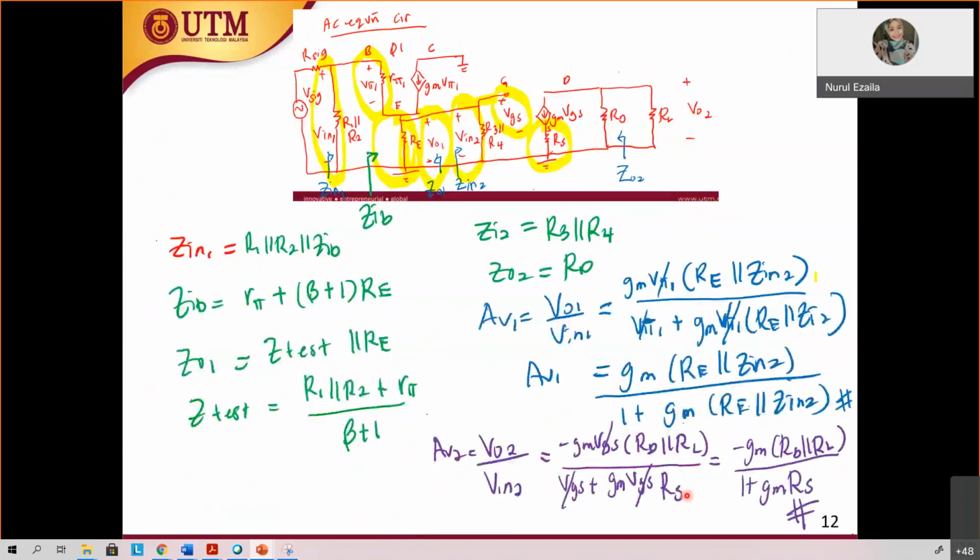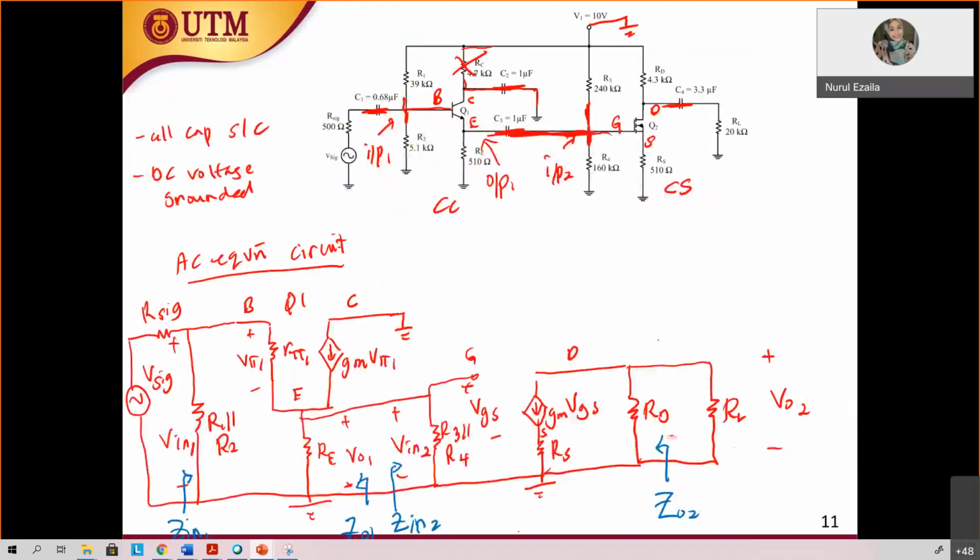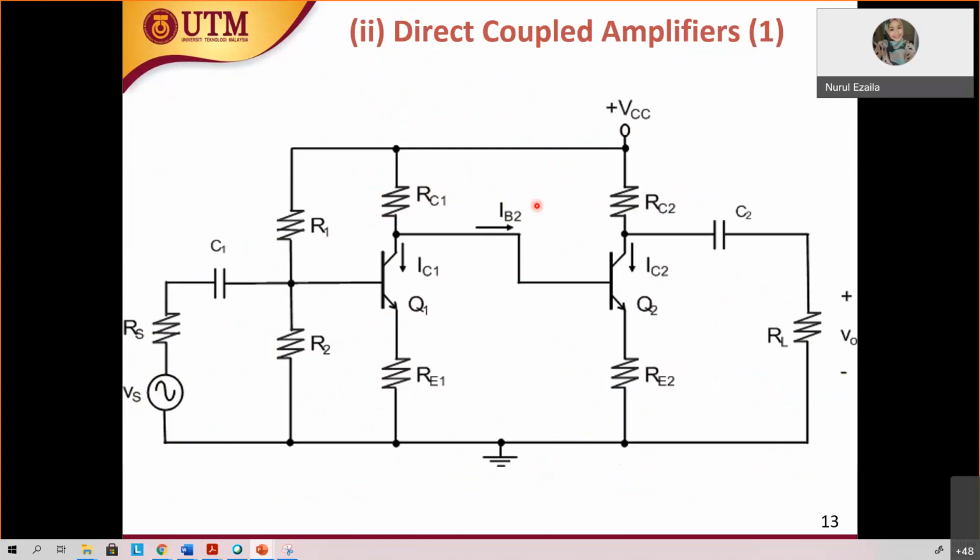All right, so next one, student, is the direct couple. So this one, they couple with a ring. Boyfriend and girlfriend, a lady and a man, and the man gives a ring, which is the capacitor. Now they are like soulmates. They don't need anything, so they couple.